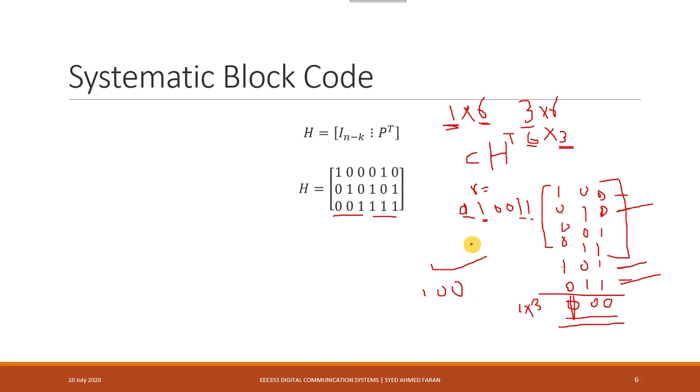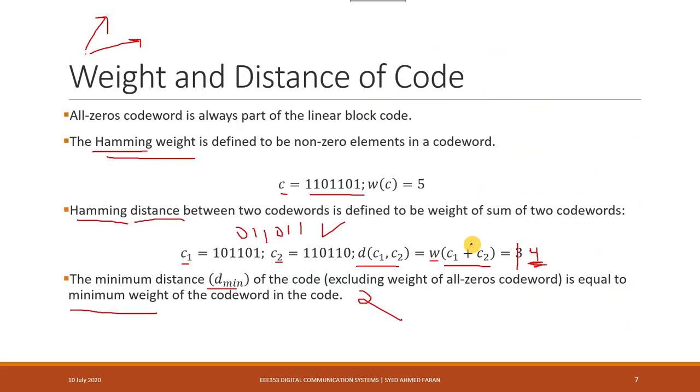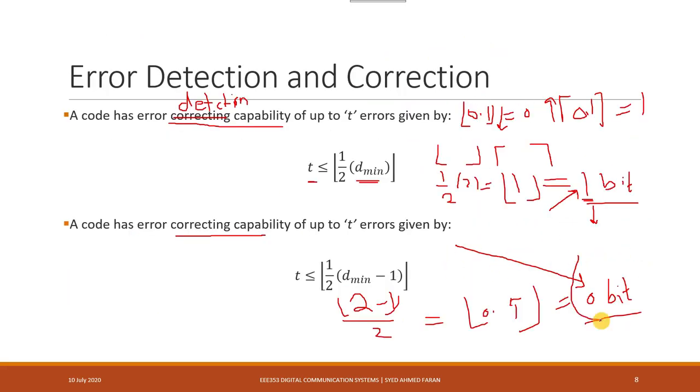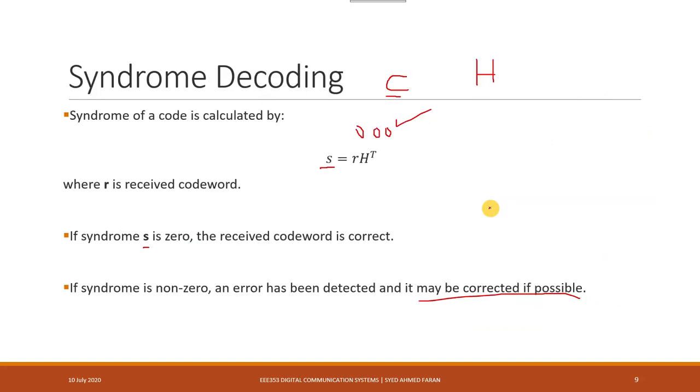So can I correct this error? No, because if you remember, this code has 0-bit capability of correcting an error. However, it did have a capability to detect one bit of error, which it did, because it showed me a non-zero syndrome. So the detection capability was there, but the correction capability is not there, so I cannot correct this error.